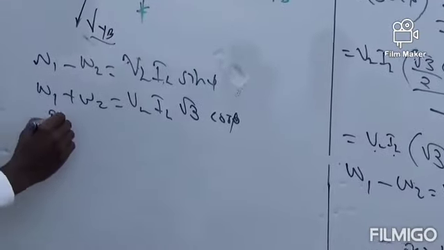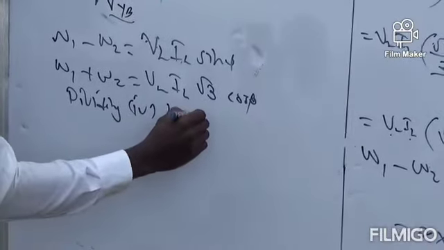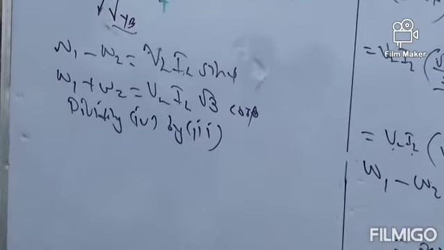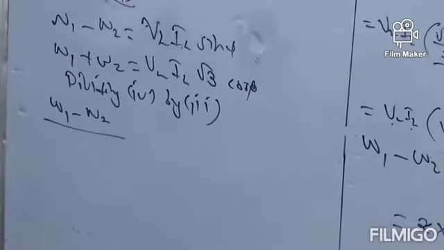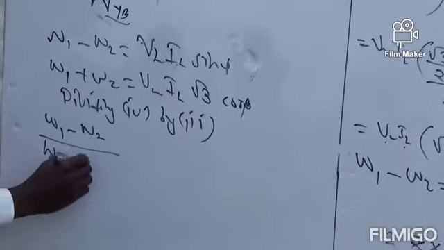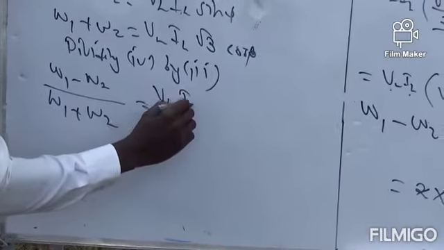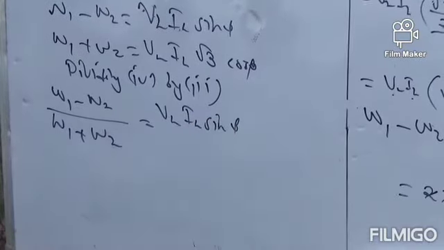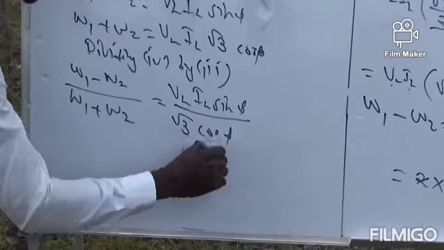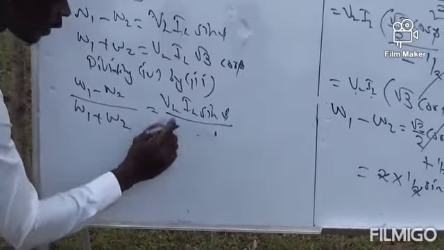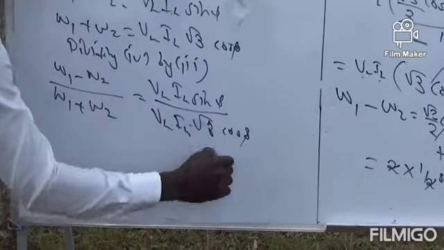So dividing equation 4 by 3, we are going to have wattmeter 1 minus wattmeter 2 over wattmeter 1 plus wattmeter 2, which is equal to VL IL sin phi over VL IL root 3 cos phi.